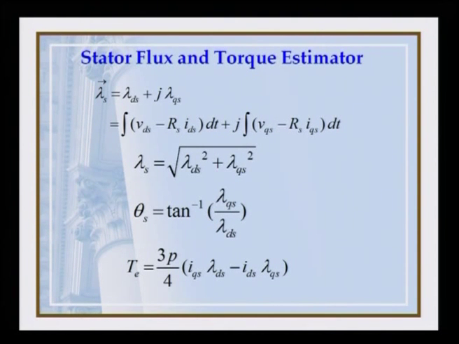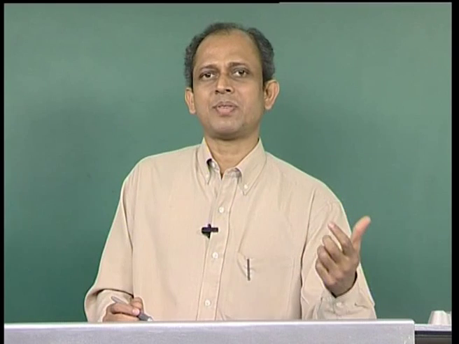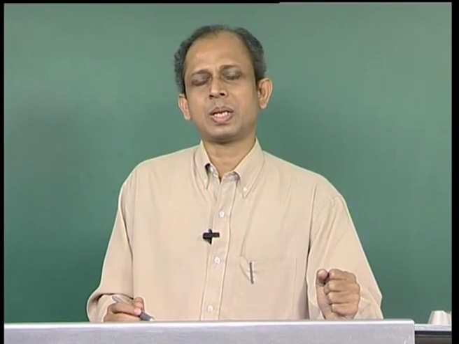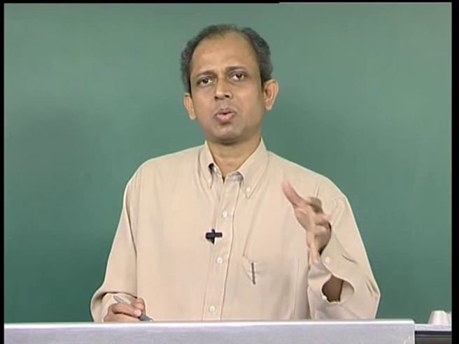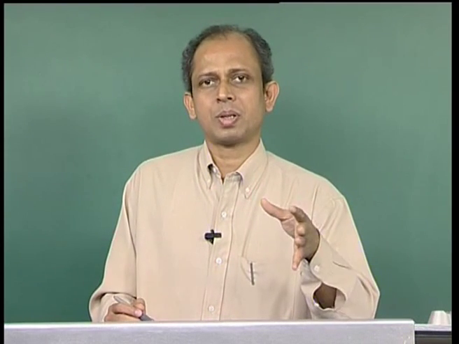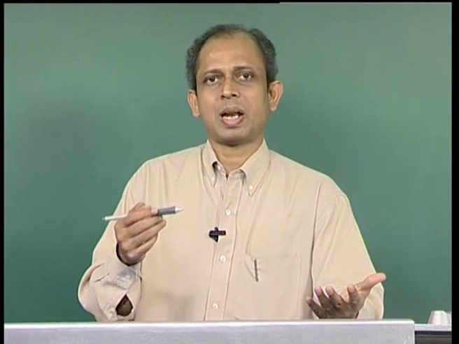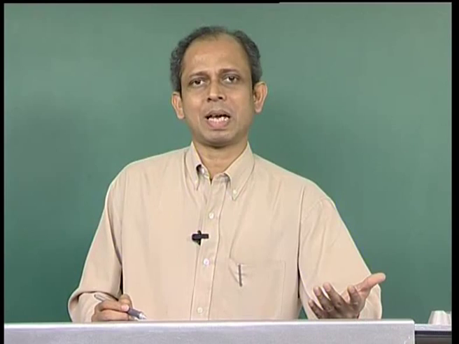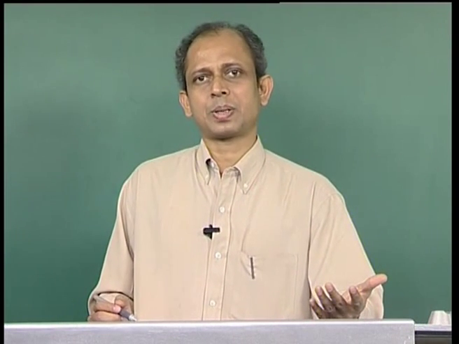In fact, what we are doing here, we are measuring not VDS, VQS, we are measuring VA, VB and VC. Now, when we are measuring VA, VB and VC, we can transform them into dq by a mere stationary transformation, because this lambda ds and lambda qs are the flux linkages in the d and q axis in the stationary reference frame.